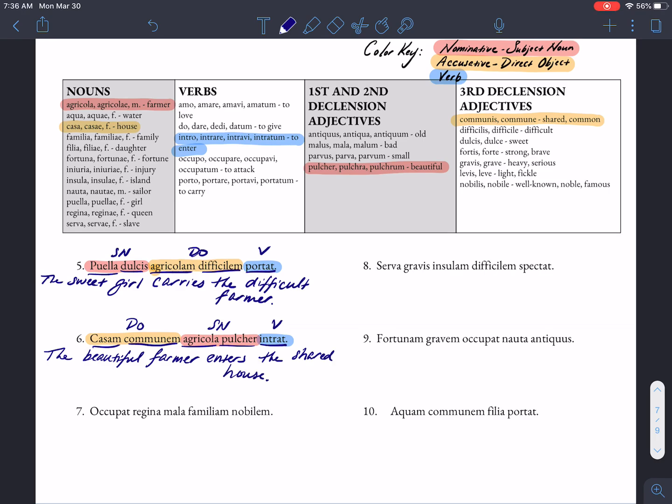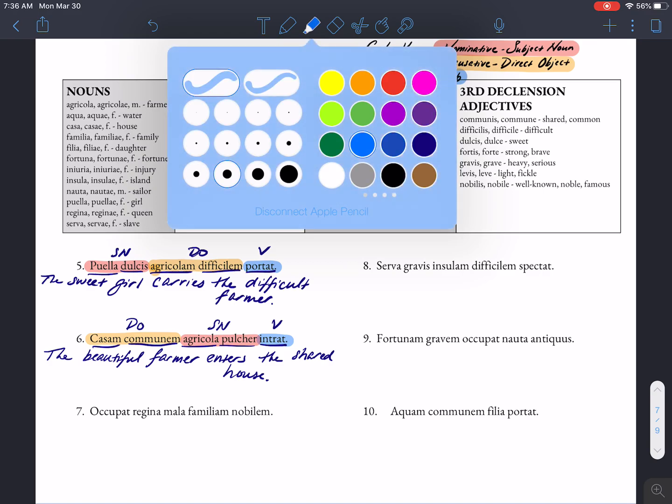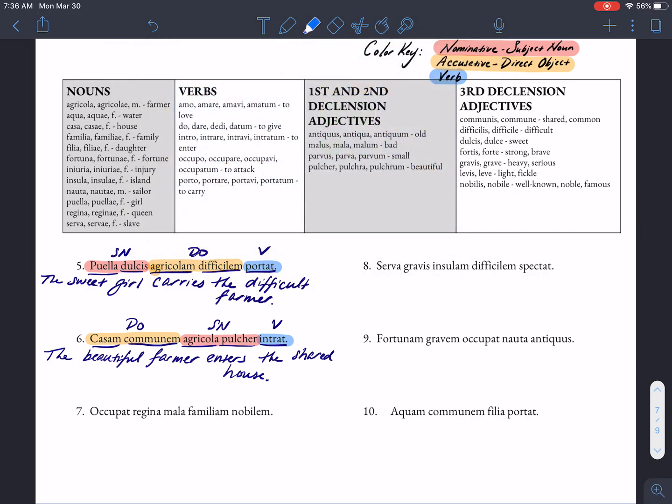Okay? That's number 6. Number 7. Occupat regina mala familiam nobilem. All right, so first things first, we must find our verb. And that's going to be right here, actually. That's kind of a trick. Always find your verb. It's not always going to be at the end. It comes from occupo, occupare, means to attack. Now our nominatives, regina mala.